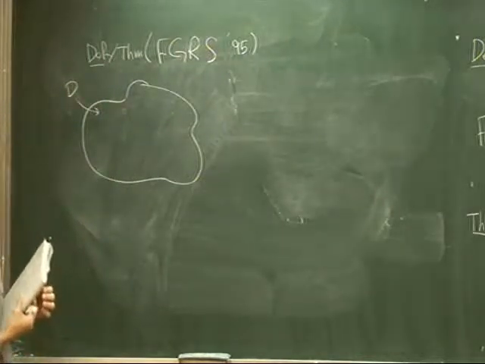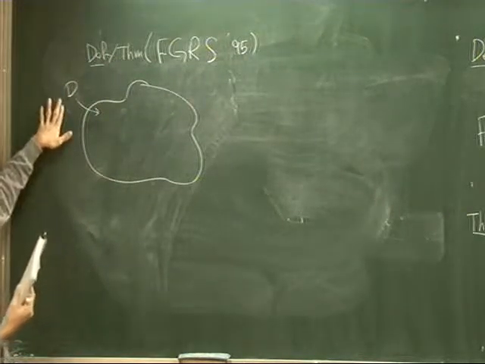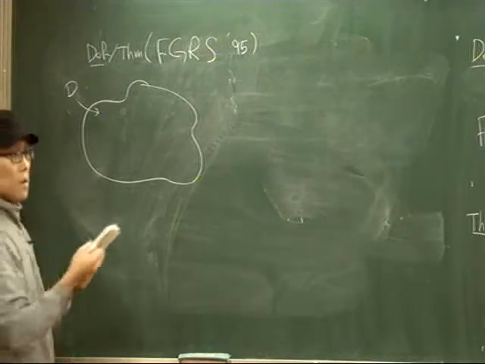Let's say we have a diagram D. A diagram D means some collection of boxes here.